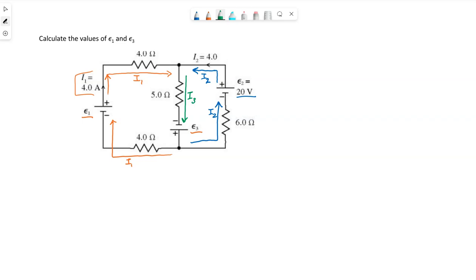all the charges. Now, because we have a battery in each branch, we have to use Kirchhoff's equations. So, Kirchhoff's rules or laws.